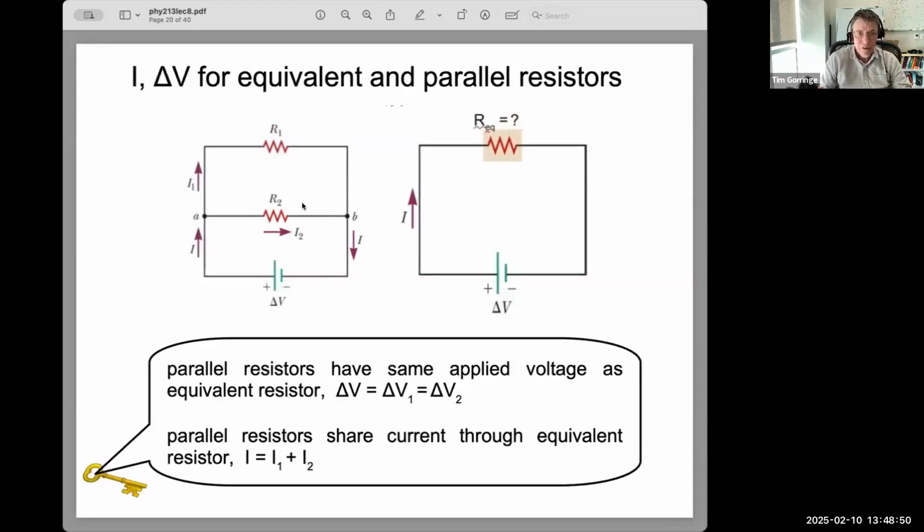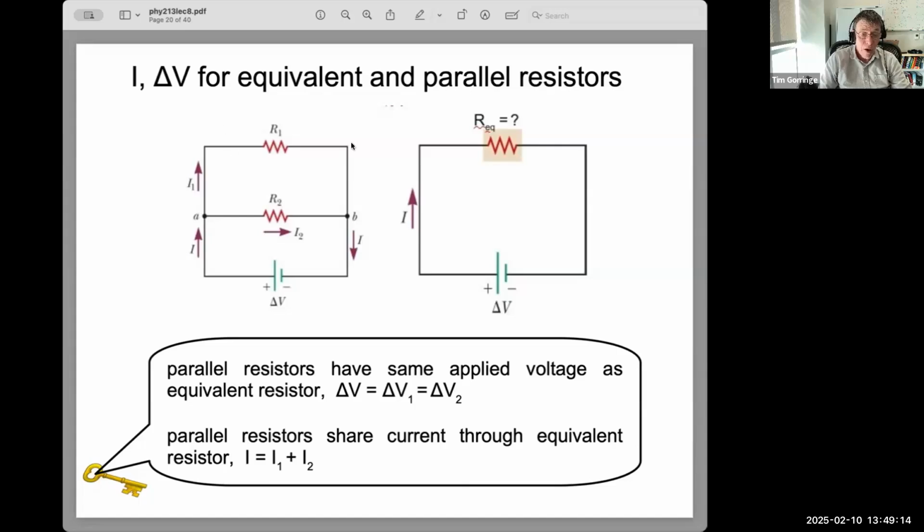The keys to a parallel arrangement of resistors are again about current and voltage. Let's start this time with voltage. It's the easiest one to see. The voltage across the resistor R1, the voltage across the resistor R2, and the voltage across the equivalent resistor are actually all the same.